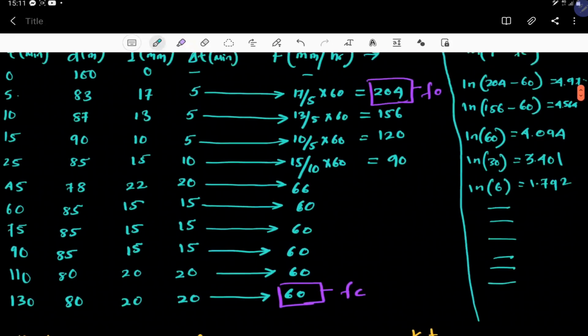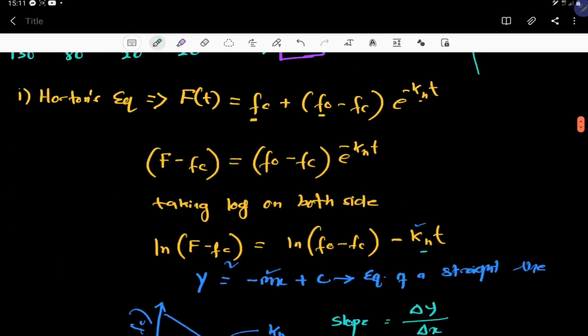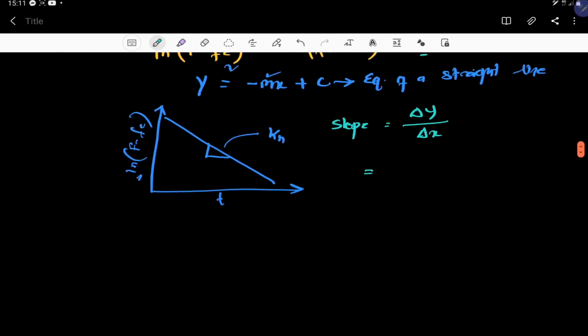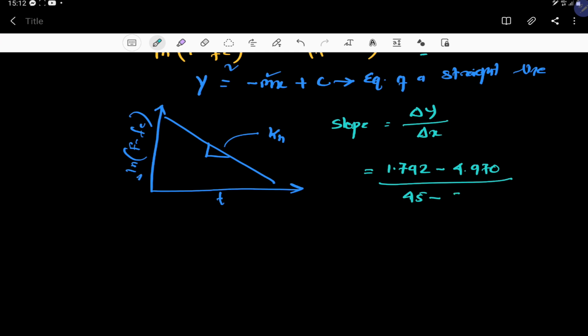The change in y is 1.792 minus 4.970, divided by the time: the time corresponding to 1.792 is 45, minus the first, that is 5. This is in minutes, so you have to divide it by 60.